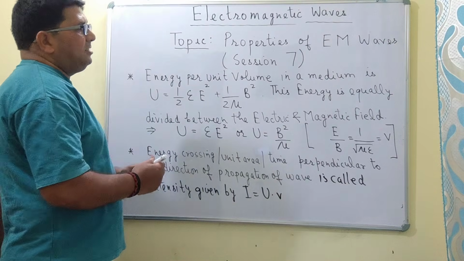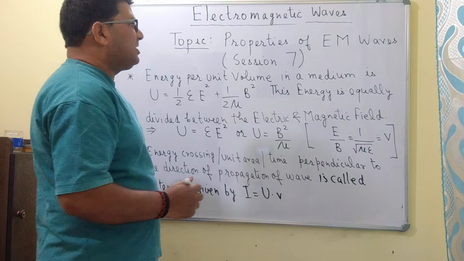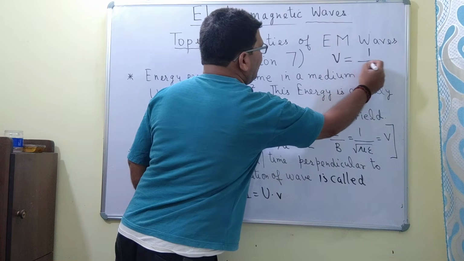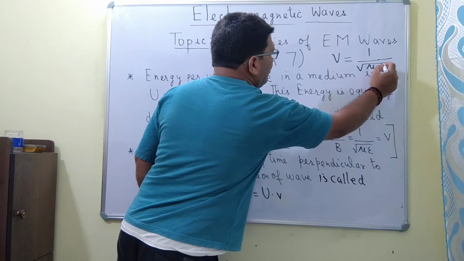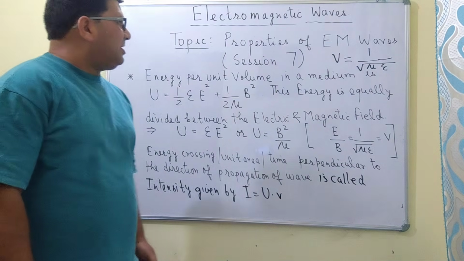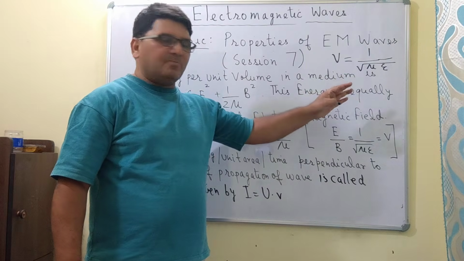In session number 1 we also saw that the speed of propagation of the electromagnetic wave is given by the formula V = 1/√(μ ε), where μ is the permeability of a medium and ε is the permittivity of that medium.